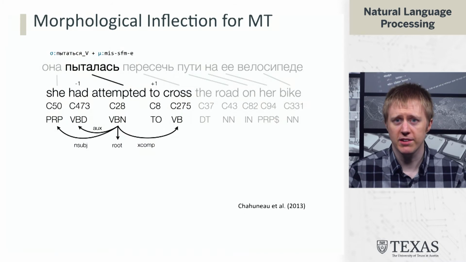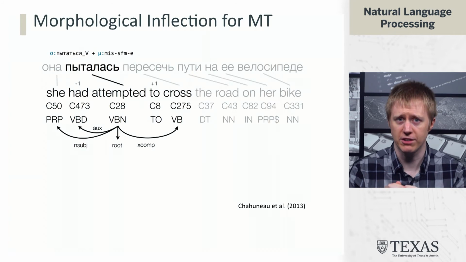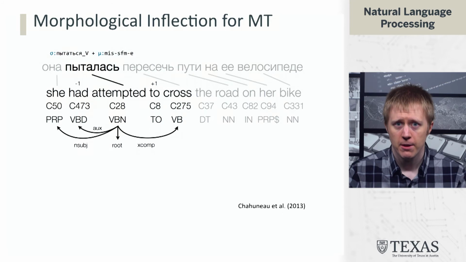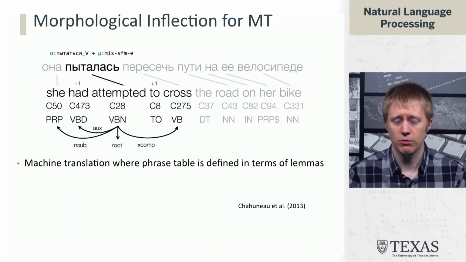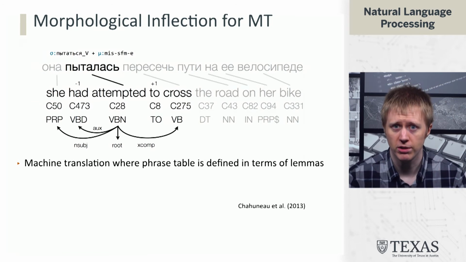So why is this kind of thing useful? Like I said, for machine translation, if we're generating output in a morphologically rich language, we might need to generate text that is both grammatical and well-formed and matches the information in the input. This is some work from Victor Chahouneau et al., where they were doing phrase-based translation, and they defined a phrase table in terms of lemmas, the base forms of words.